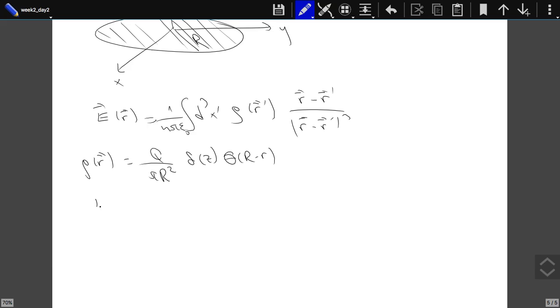E of r is equal to 1 over 4 pi epsilon 0. This q over pi r squared is just a constant. We can write it in cylindrical coordinates.